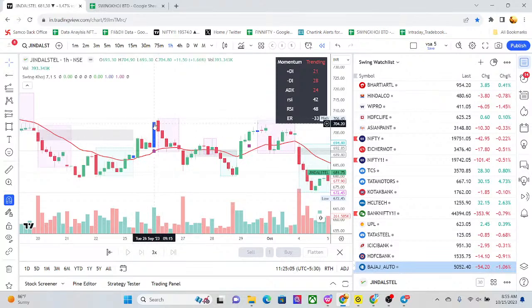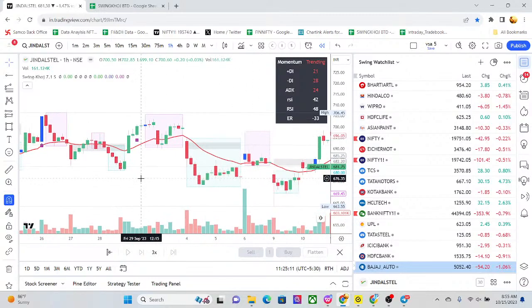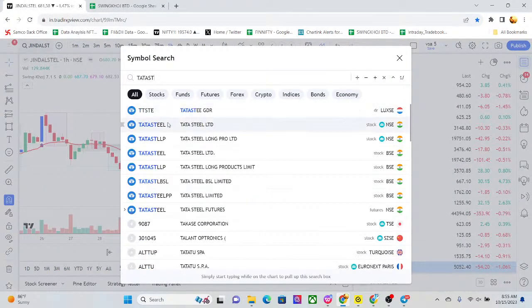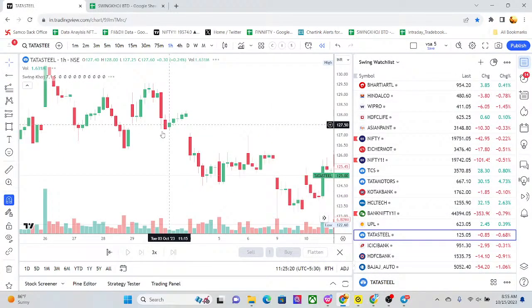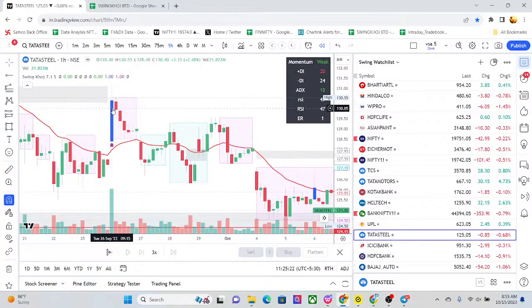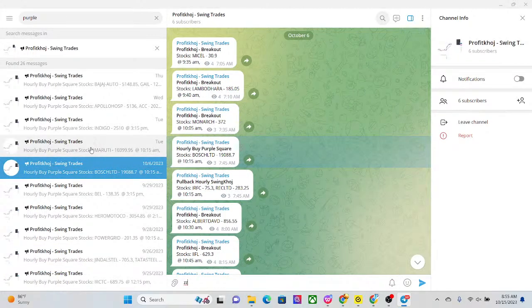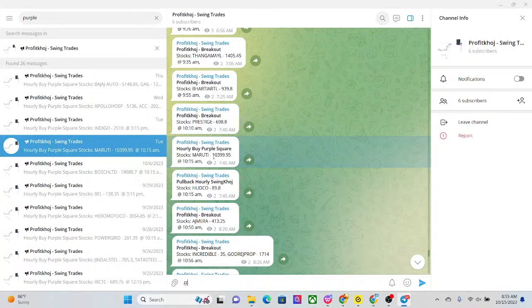So here also we can see stop loss is hit if we buy above the high, right? Tata Steel. Here we did not get entry. Okay, washout.